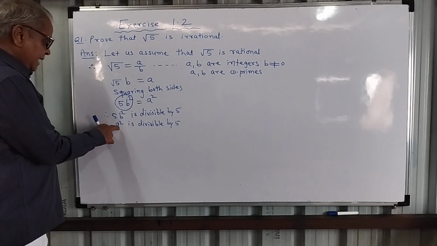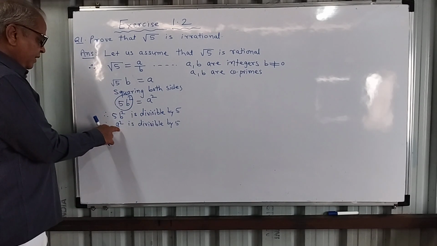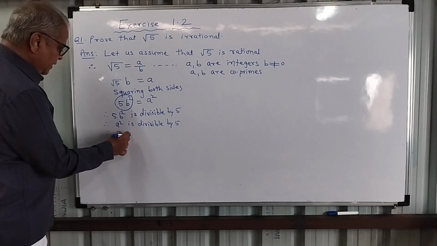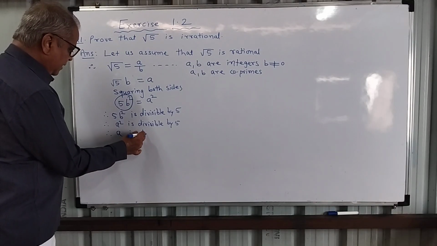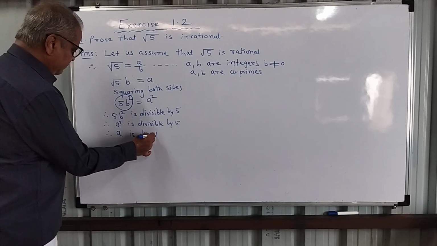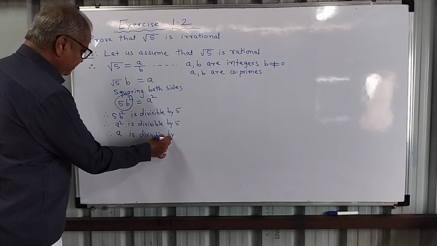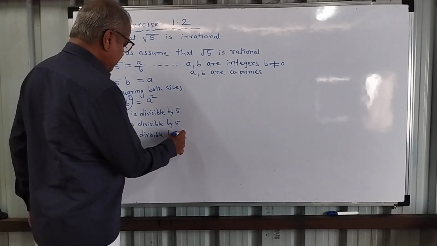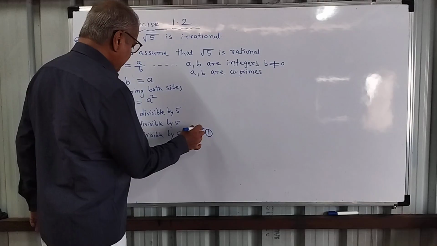Now as a square is divisible by 5, a is also divisible by 5. Therefore a is divisible by 5. Let us write it as statement number 1.